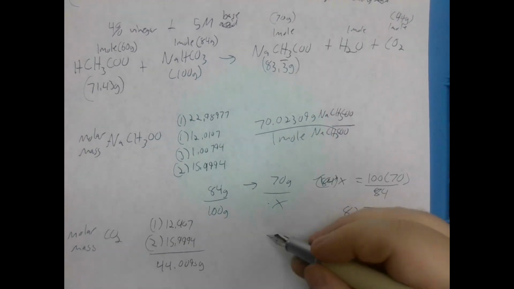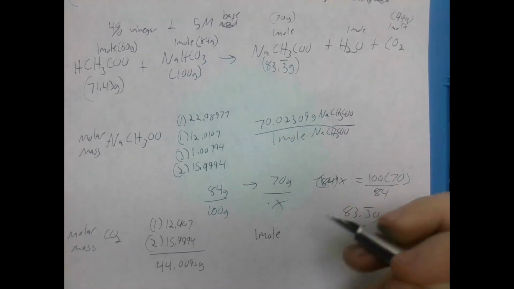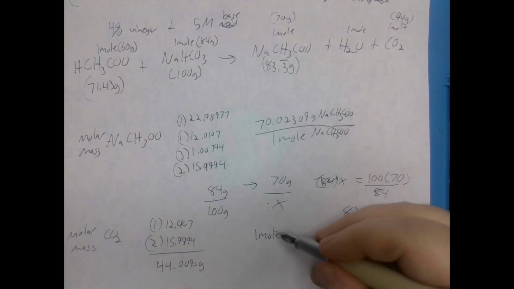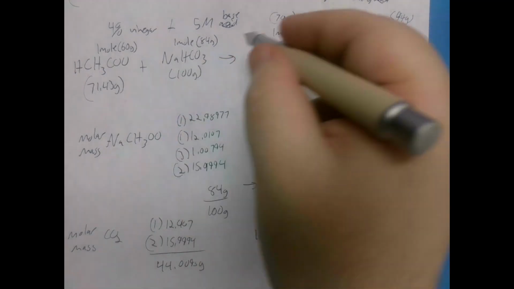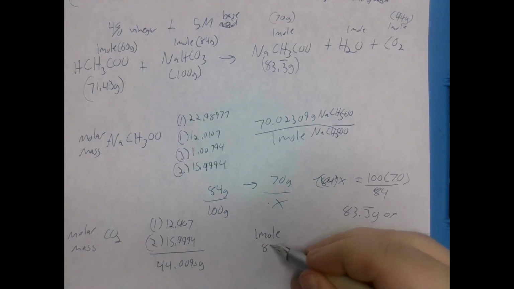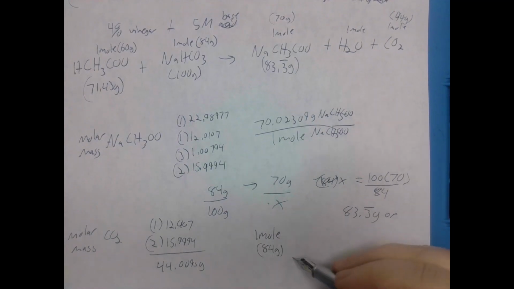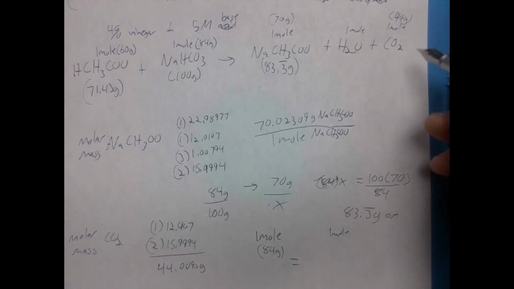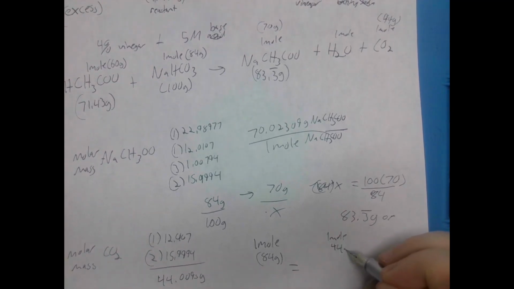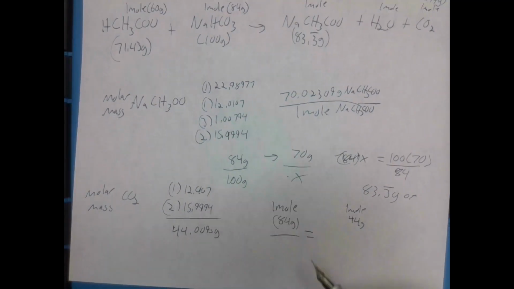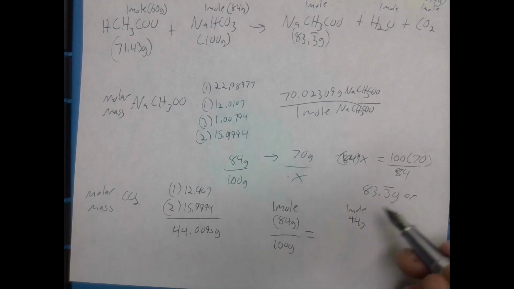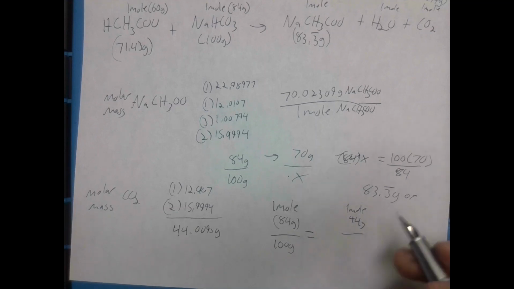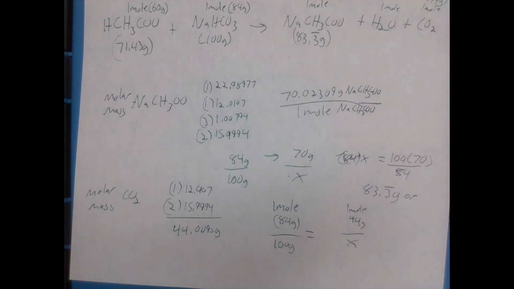So 1 mole is equivalent to, and it doesn't matter which one you use, I'm going to use this one, 84 grams. And 1 mole is 44 grams, roughly. But I'm actually using 100 grams. 1 mole of this is 44 grams, but I'm actually using X number of grams. So solve for X, how much CO2 is produced.